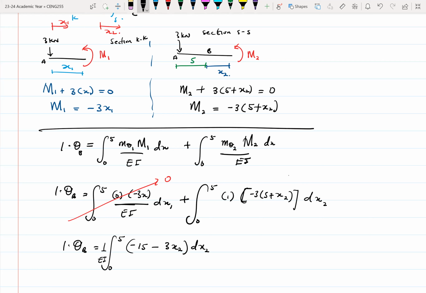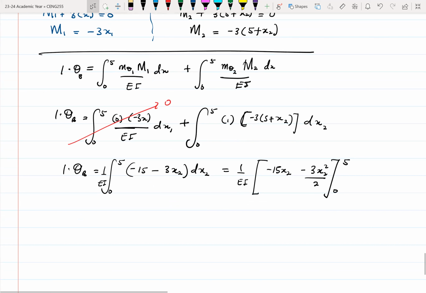All right. So here, if I do my integration, I get 1 over EI times minus 15 x2 minus 3x2 squared over 2, with limits 0 to 5. Then you realize that 1 times theta b will be equal to minus 112.5 over EI.